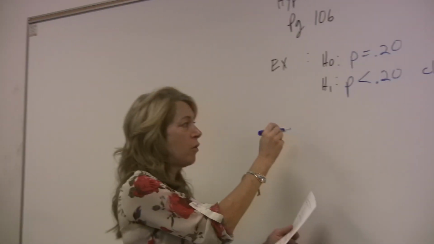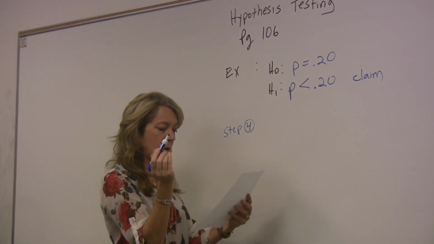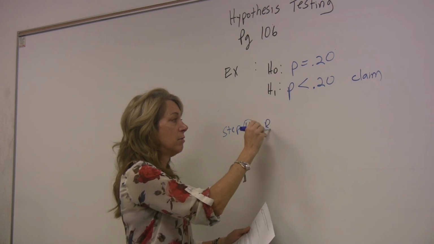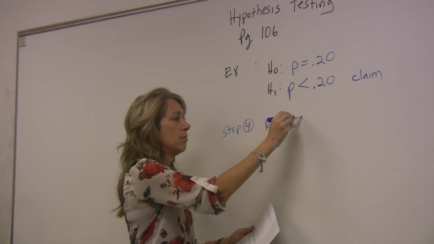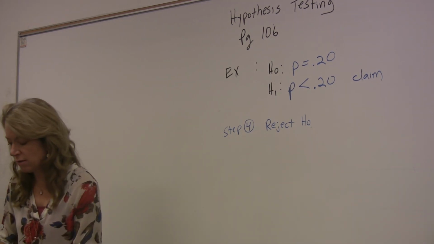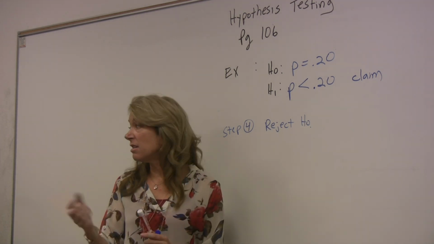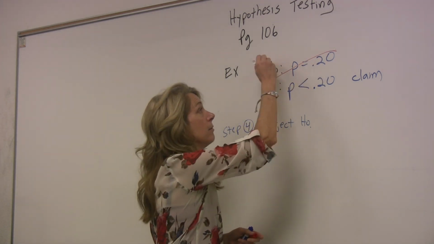So for step 4, someone decided that we were going to reject H0. See where it says that? Reject the null. I like to use a visual here. Someone came along and said they have enough evidence to reject this claim.